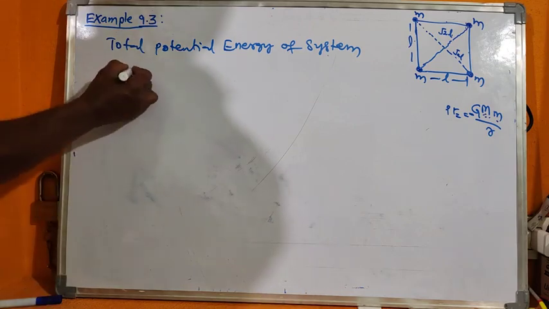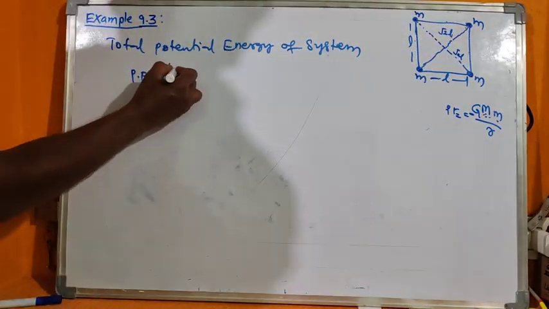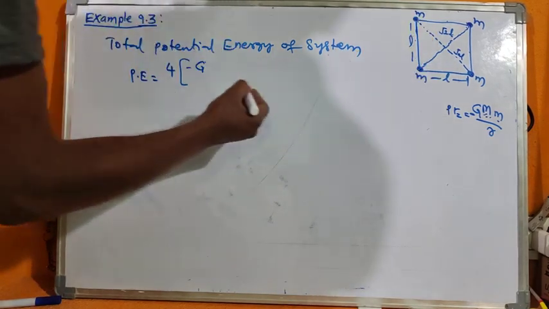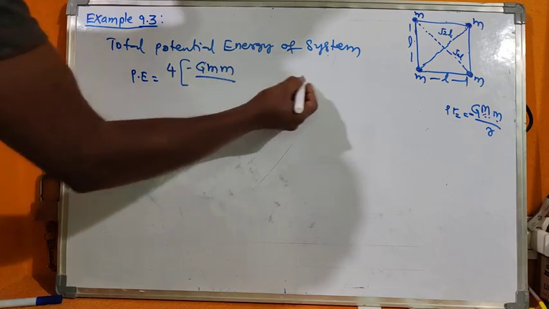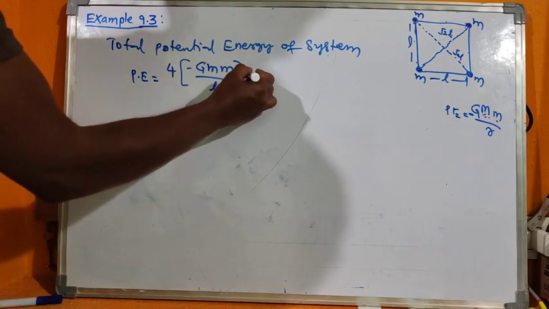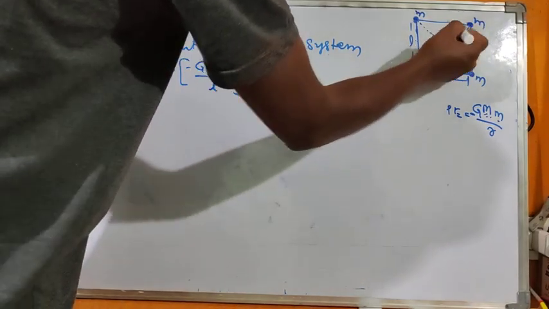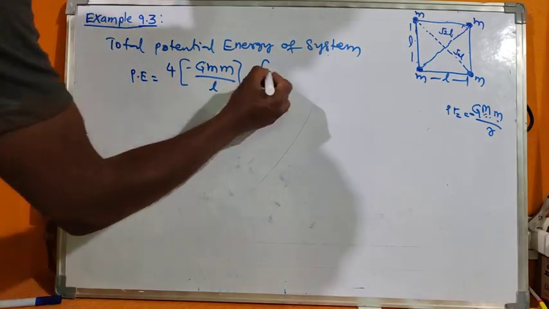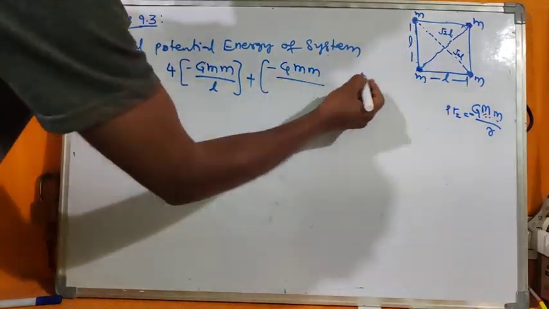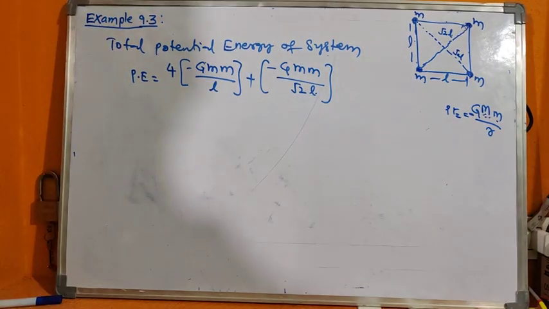The potential energy of the system is equal to 4 of minus G into one mass and another mass, that is G m by the distance between them, L, and the distance is L. And plus, there are two diagonals, between which we have a potential energy equal to minus G m and another m, by the distance between them, that is root 2 L.